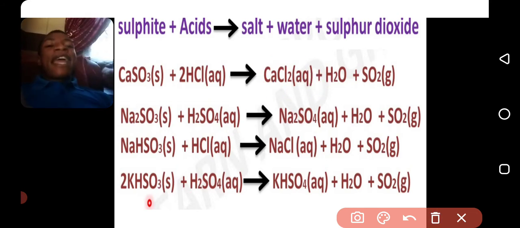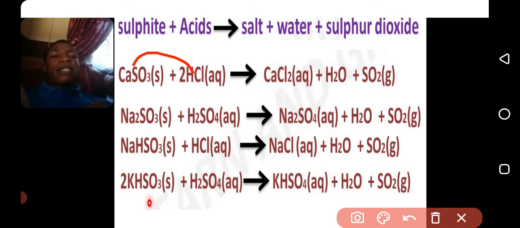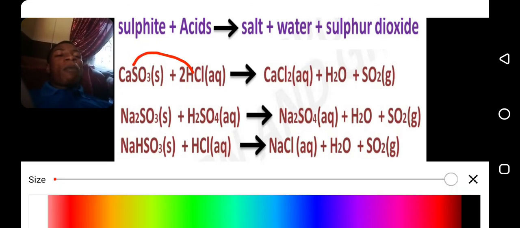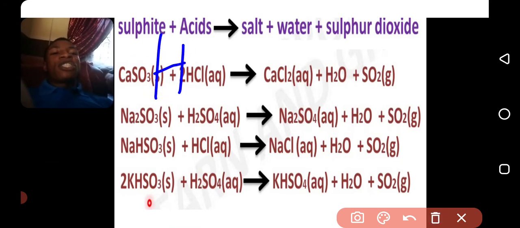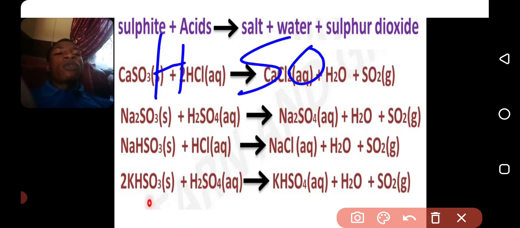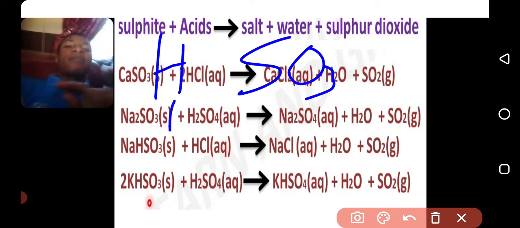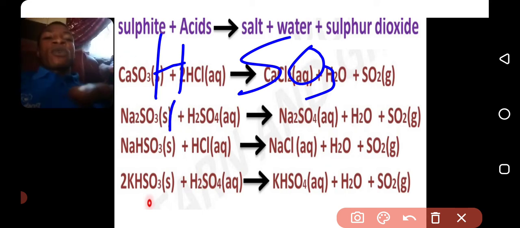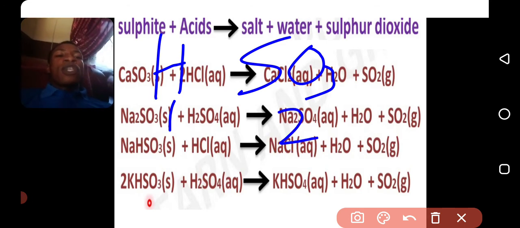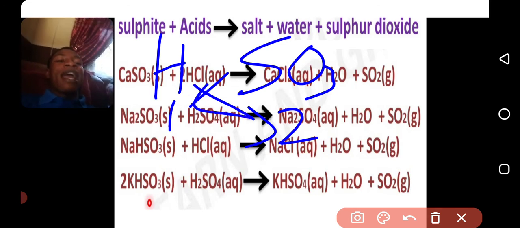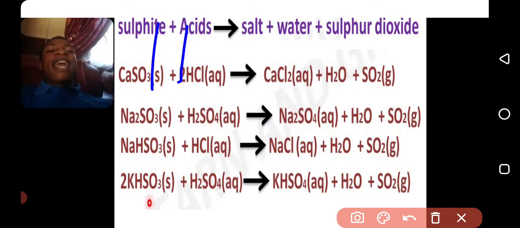Now, H will pick up SO3. Valency of H is 1. Valency of SO3 is 2. So you are expecting H2SO3, isn't it?